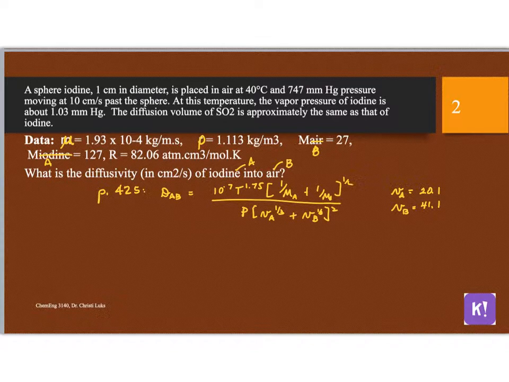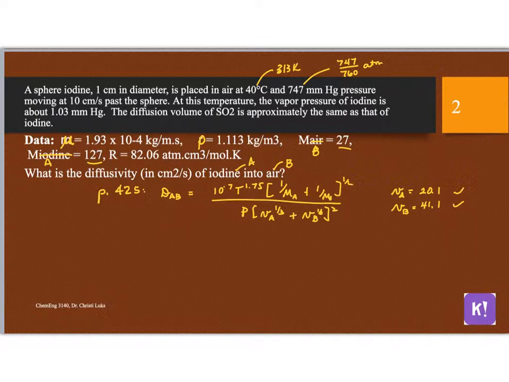The T needs to be in Kelvin, so this is 313 Kelvin. M sub A is 127, M sub B is 27, and V A and V B I found over here from the tables. The pressure is 747 millimeters of mercury, and in this formula it is supposed to be in atmospheres, so 747 divided by 760 puts this into atmospheres.